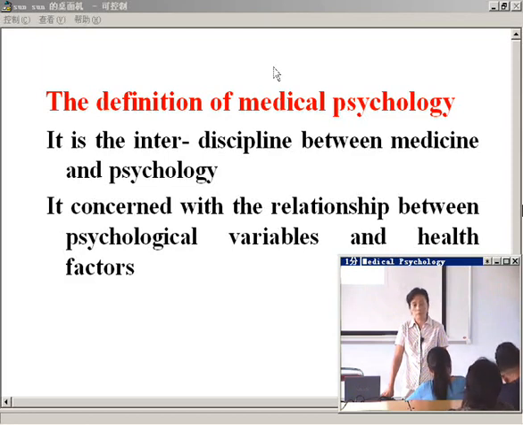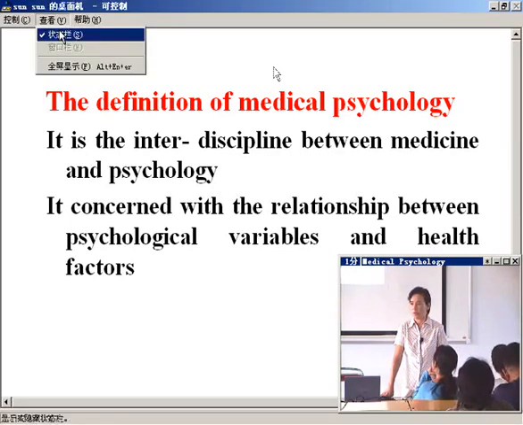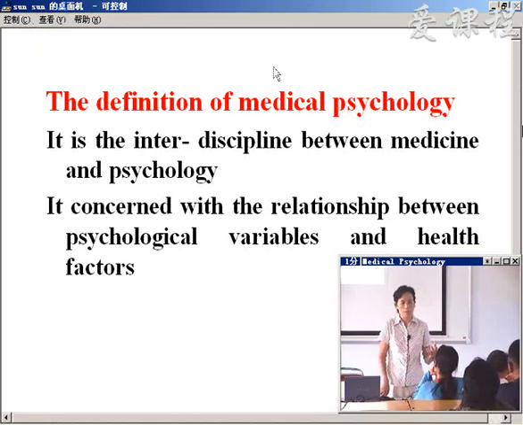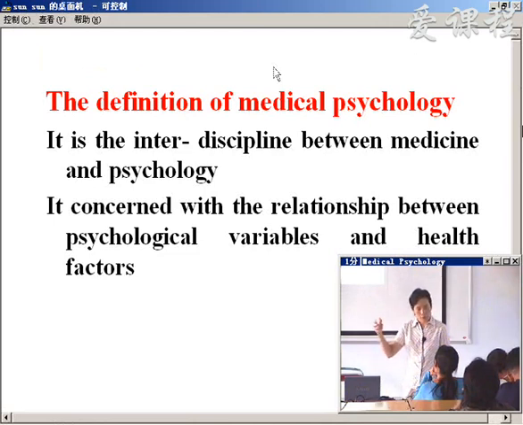What are the psychological variables? Do you know? Could you think about what kind of psychological factors are very important in clinical practice? If you are a doctor, what do you think about the patient which could reflect a psychological problem? Stress.